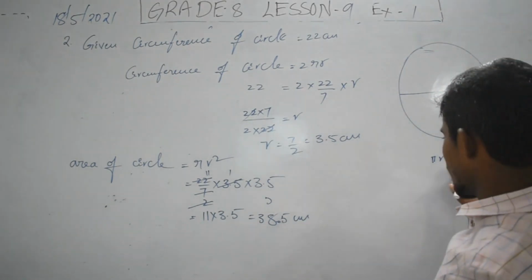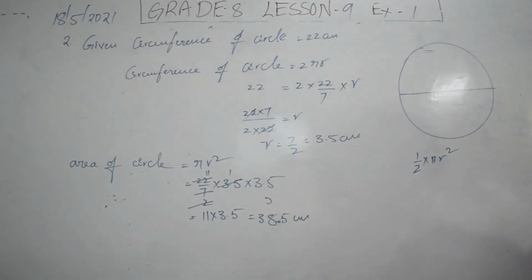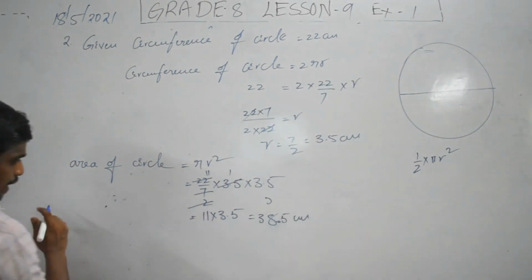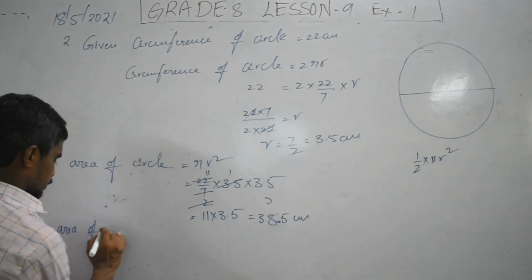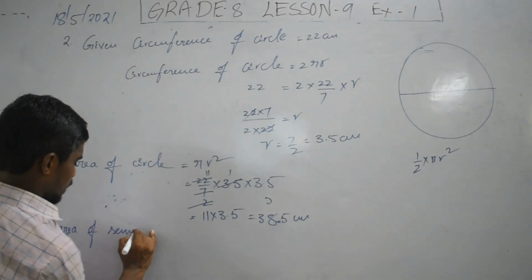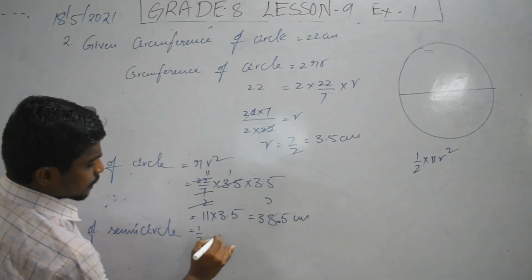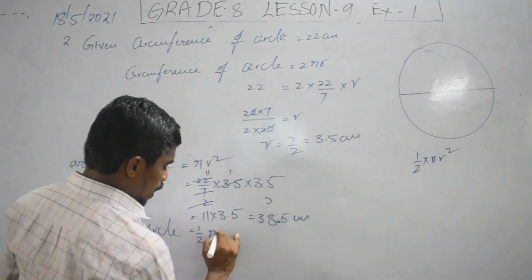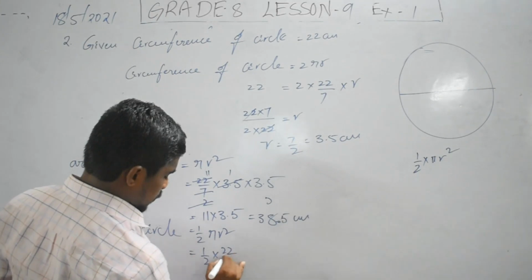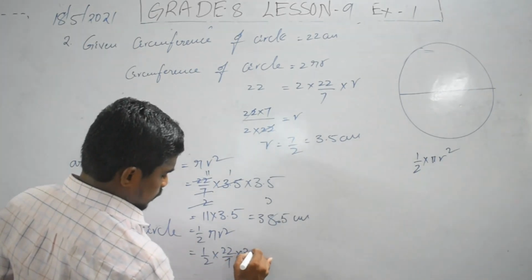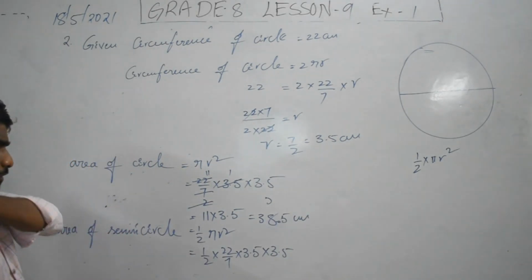So area of the part is half times pi r square. So area of semicircle is half pi r square. Pi value 22 by 7, 3.5.